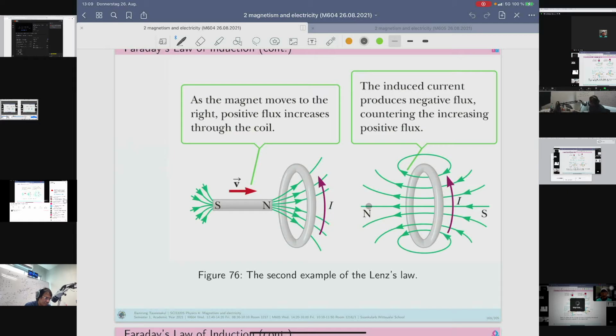If you let the current flow like this, you will find that the magnetic field is going to point in this direction, right?